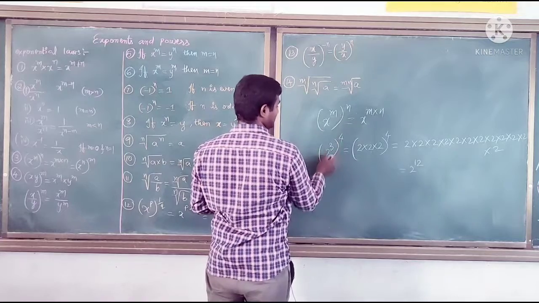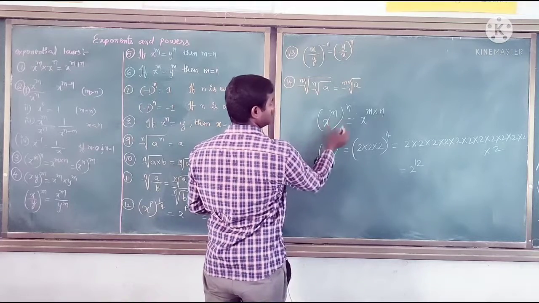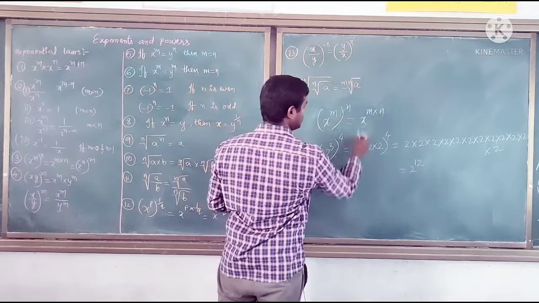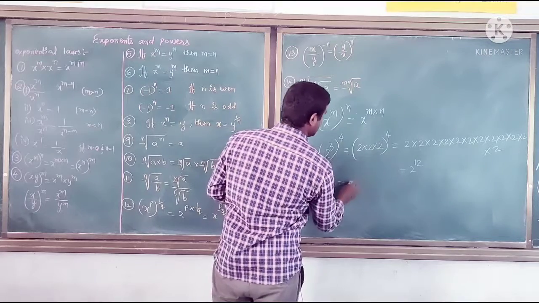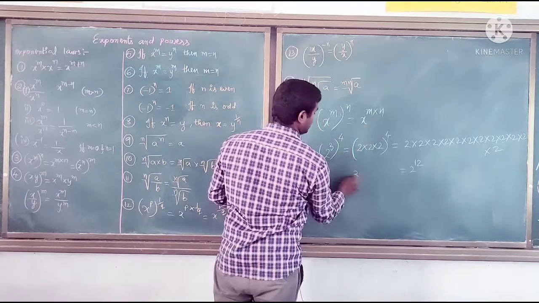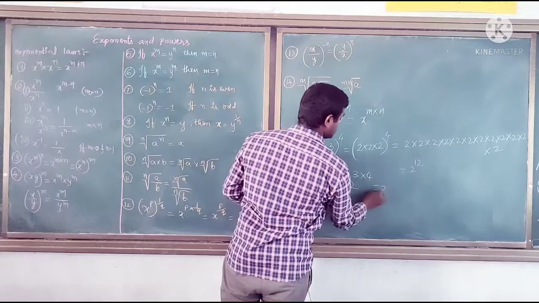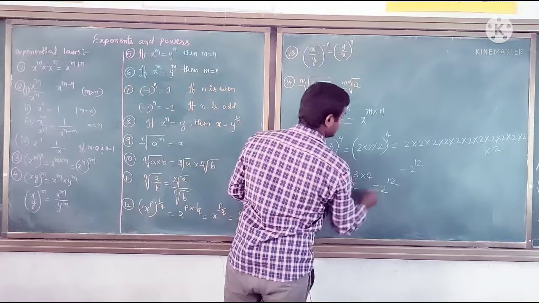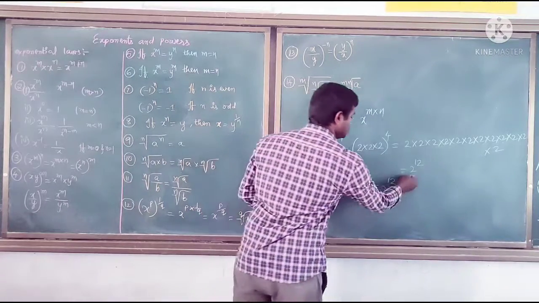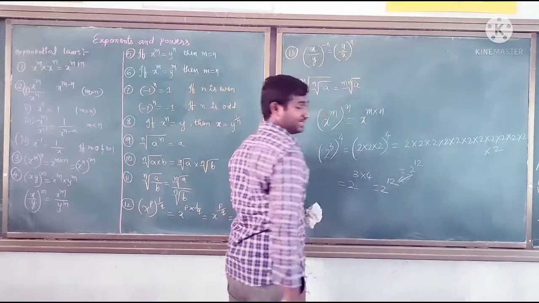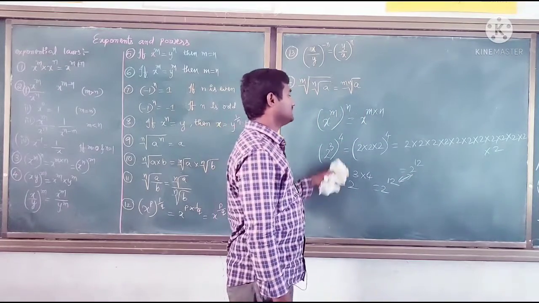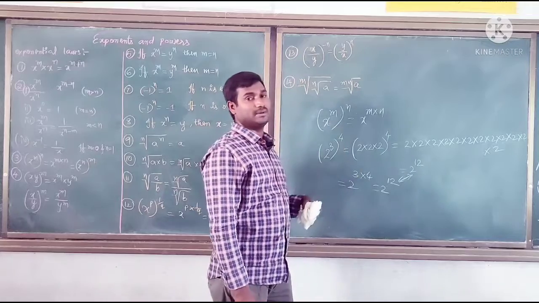Let us take x is equal to 2, m is equal to 3, n is equal to 4. If you substitute those, x is 2, power m into n is 3 into 4, so 2 power 3 4s are 12, so that is 2 power 12. Yes, are these two equal or not? Yes, equal. So we can use this, it can be satisfied for any numbers also.